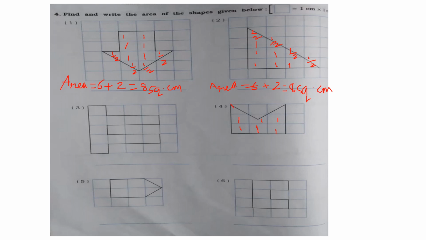And this is half. And again this is half. So total how many? 1, 2, 3, 4, 5, 6. So you can write here 6 plus half plus half, that is 1. So what is the area? Area is equal to 7 square centimeter.